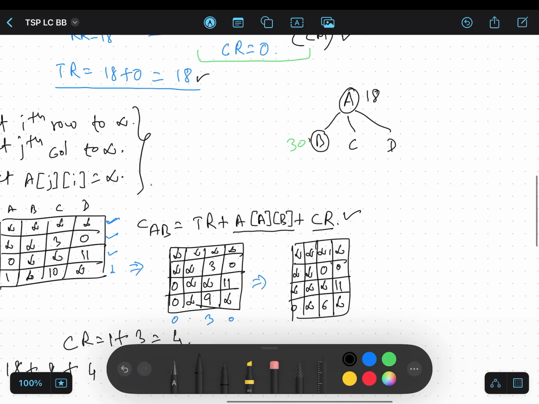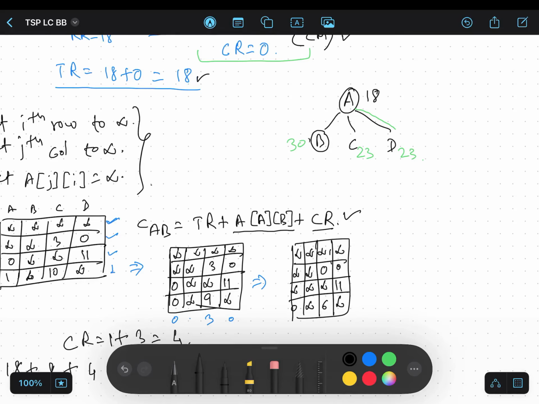So then this is 23 and this is 23. Let's say we follow AD because there is a tie between AC and AD. We are going to follow AD.